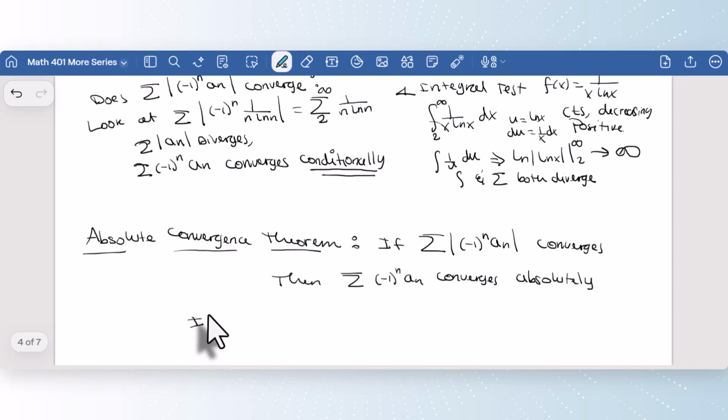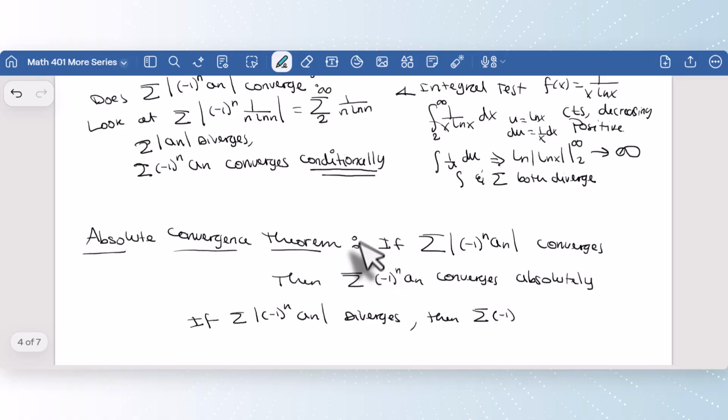If the absolute value of an alternating series diverges, but the original series converges, then the series converges conditionally.